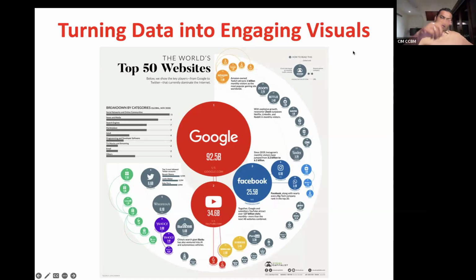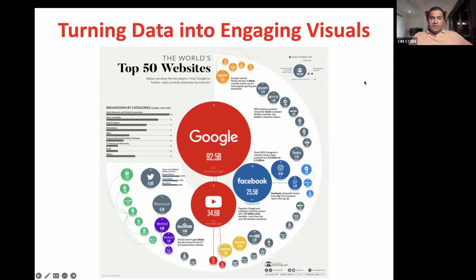So you can see the size of it denotes something, right? And then you see the color of it is obviously the company's color in some cases. And then it talks about the engagement of it, right?